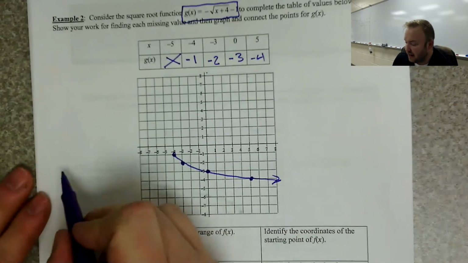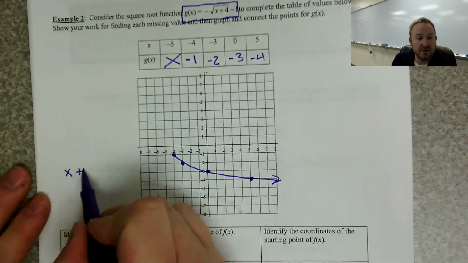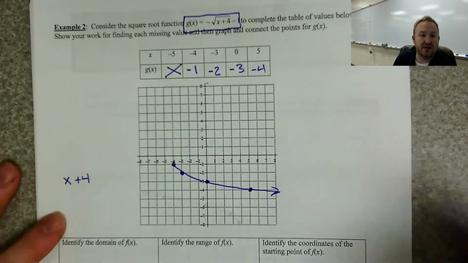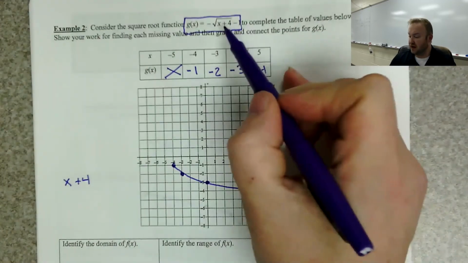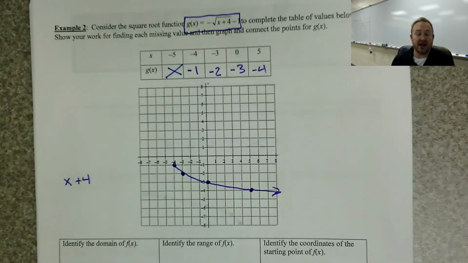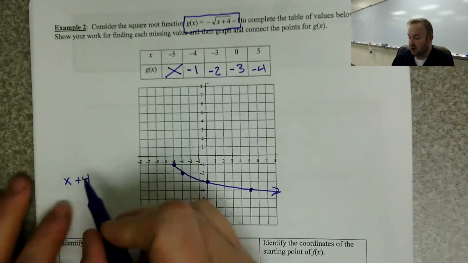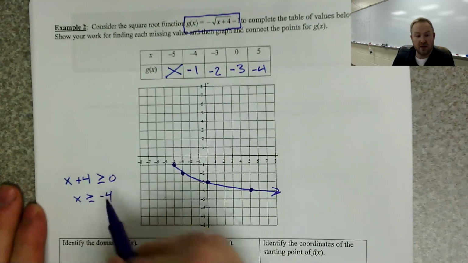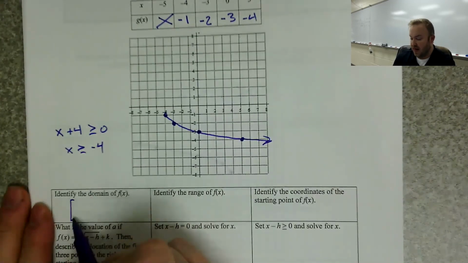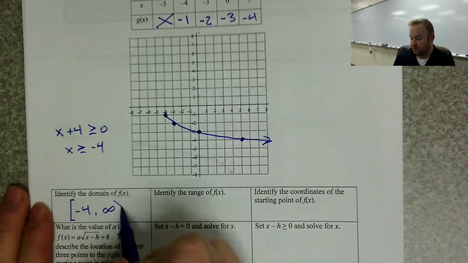For the domain, I need to make sure that the quantity underneath the square root, that x plus 4, cannot be negative. Any value of x that causes that x plus 4 to be negative needs to not be in the domain. We need to make sure at all times that x plus 4 is greater than or equal to 0, which means that x is greater than or equal to -4, and that is my domain.